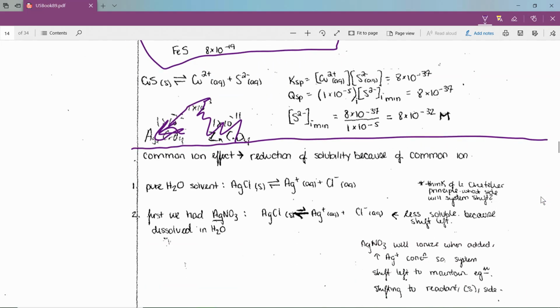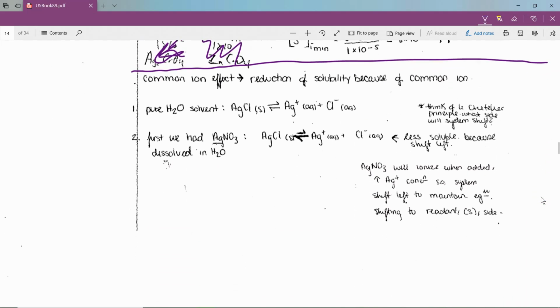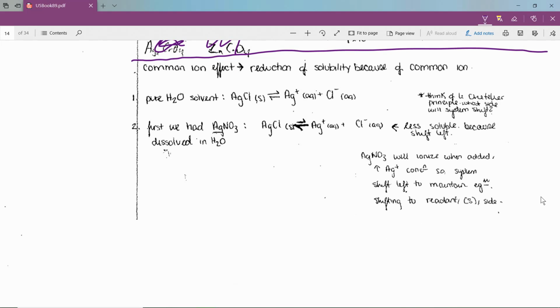Now, here's something which is actually related to hard water. If some of you have ever been in the Canadian Shield, or lucky enough to have a cottage or visit someone who has a place around there, you'll notice that the water supply may be a bit scummy. You have some calcium deposits. You might need a water softener. And it all has to do with this common ion effect, and I'll let you watch a YouTube video or read up about hard water versus soft water in different parts of Canada.